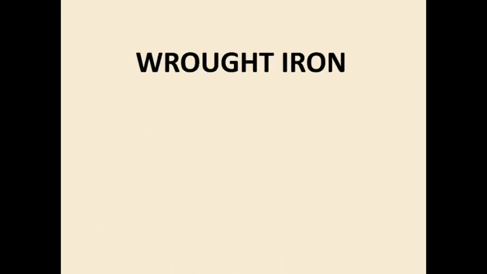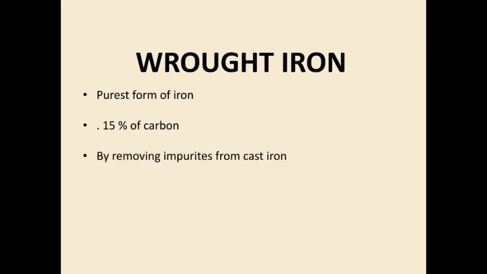Next is wrought iron. It is the purest form of iron which contains only about 0.15% of carbon. It is obtained by removing other impurities from the cast iron. It is done in a reverberatory furnace or puddling furnace.